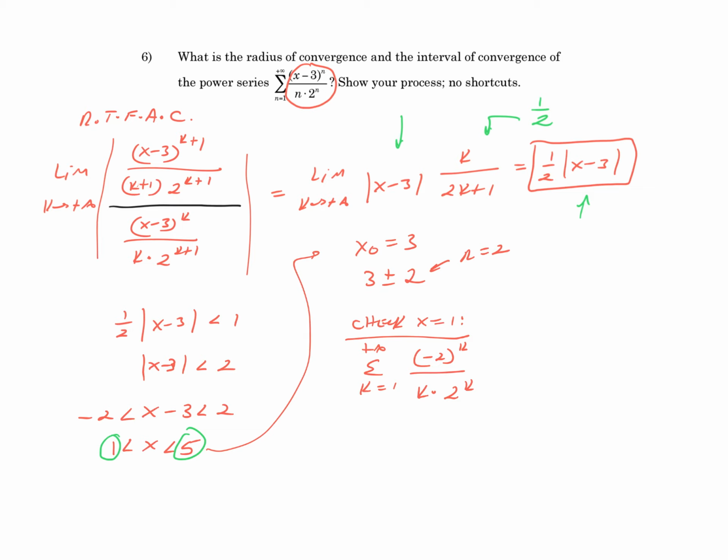You might see that we could do a little bit of manipulation on this. Pull out, this would be an oscillating factor, which would allow us to cancel the 2 to the k's. And that would leave us just 1 over k.